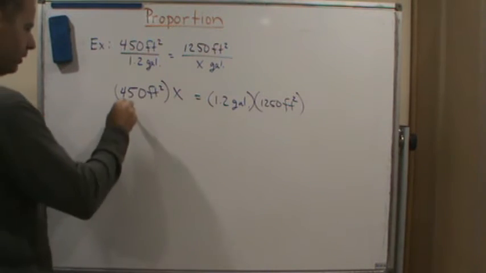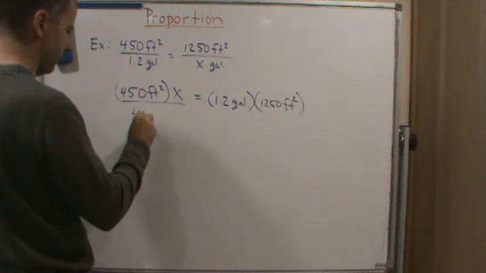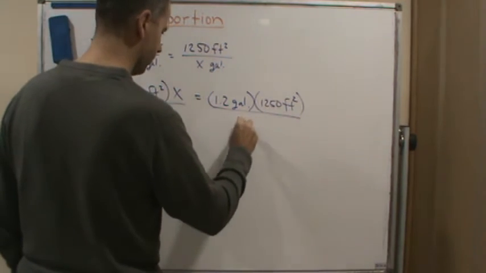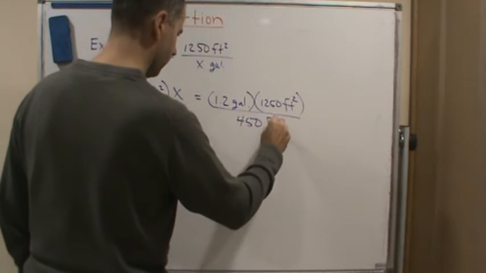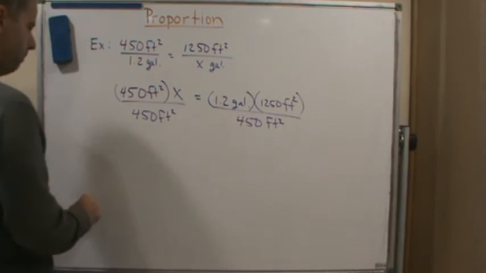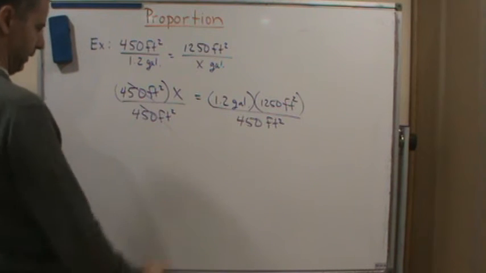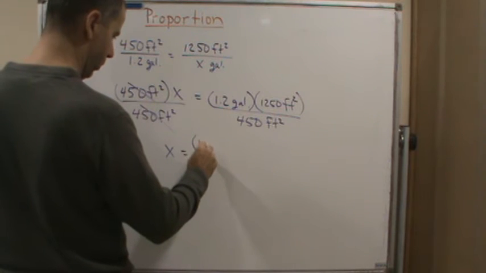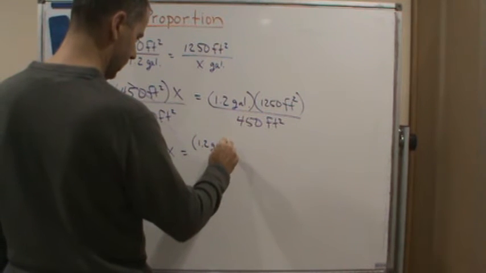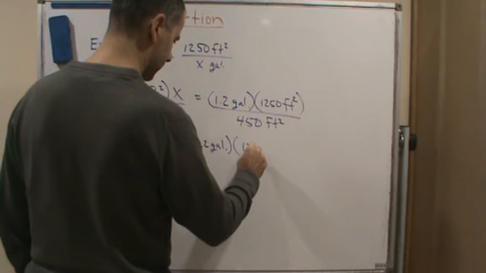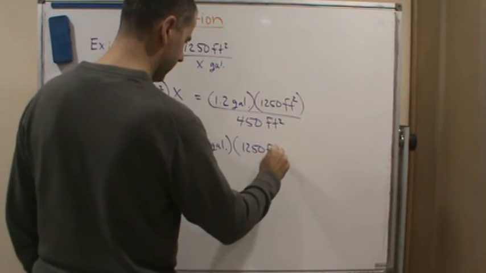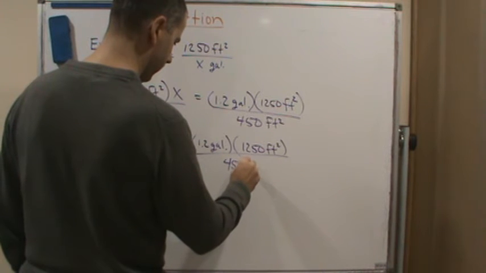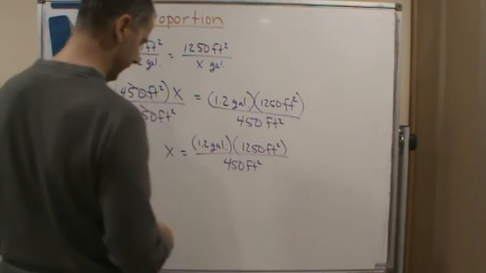Now I'm going to divide both sides by 450 square feet. 450 divided by 450 is 1, so I get x equals 1.2 gallons times 1,250 square feet divided by 450 square feet.